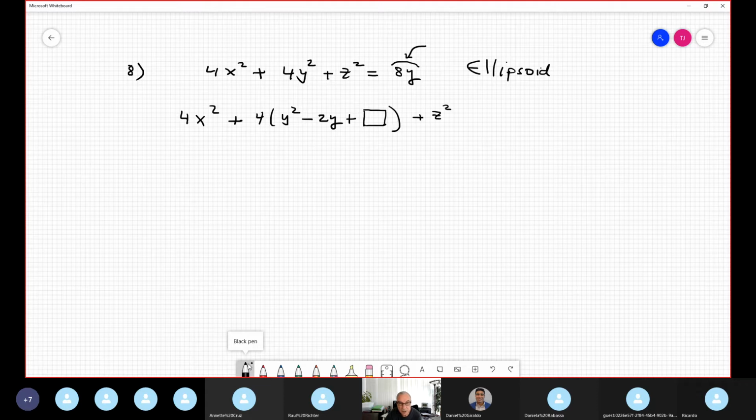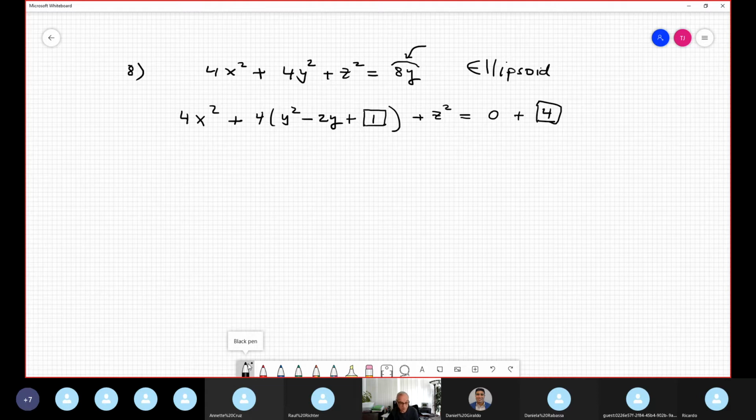Z has no linear, that means equals 0 for a moment, no? Plus a box. And the famous number that we need is 1. It's obvious, right? Remember the idea, 2 divided by 2 is 1, squared is 1. Actually, when you introduce artificially 1 here, 1 times 4 is 4. Everyone follow me so far?